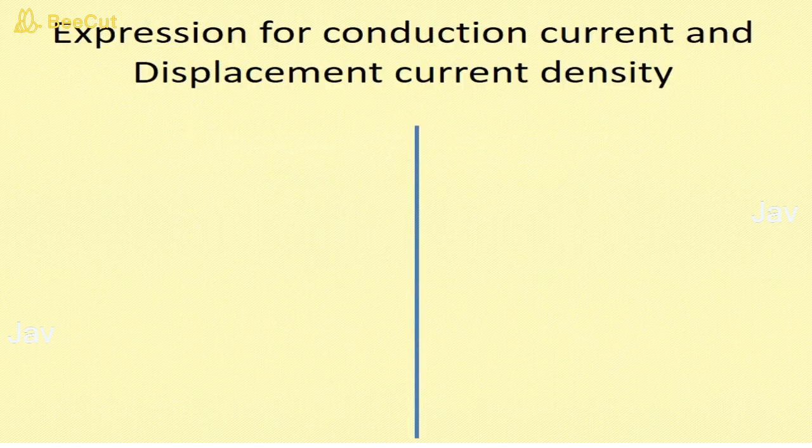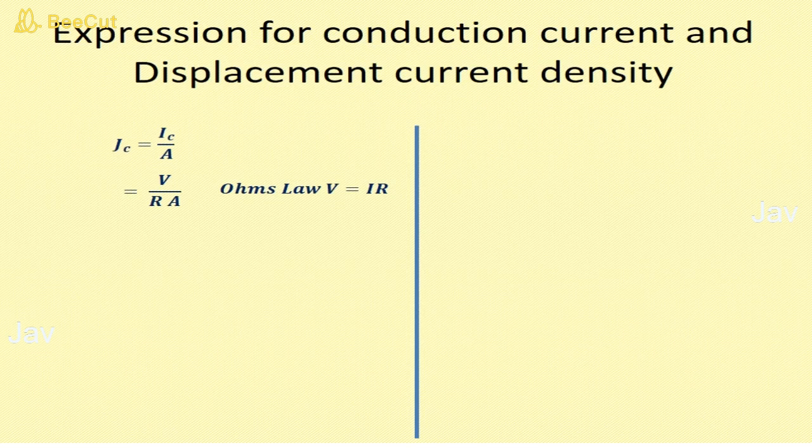Expression for conduction current density and displacement current density. Conduction current density Jc is equal to Ic divided by A. According to Ohm's law, V equal to IR, so Ic can be written as V by R. Therefore, the conduction current density is equal to V divided by RA.